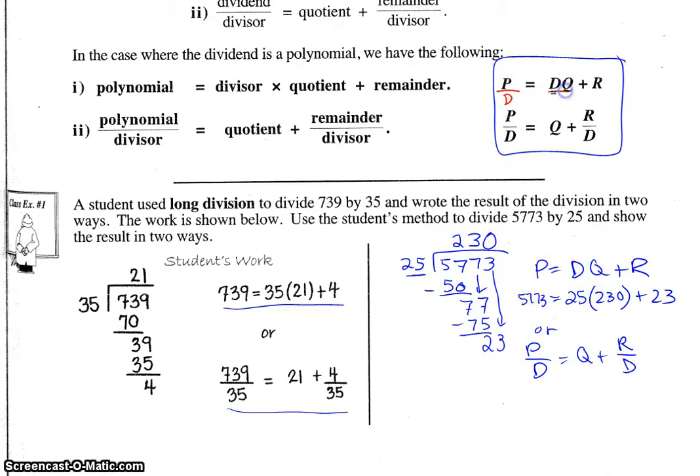Let me just show you that. See that? And then here your divisor goes. So you only have to memorize this one because you can always get this one from it. Writing it that way, you'd have 5,773 over our divisor, 25, equals our quotient, 230, plus our remainder over our divisor.